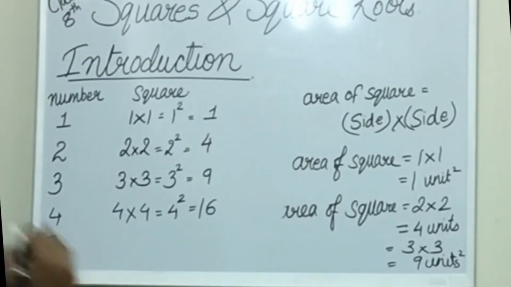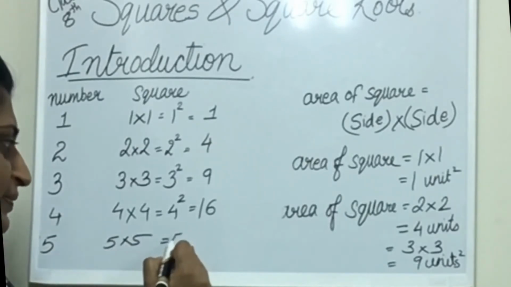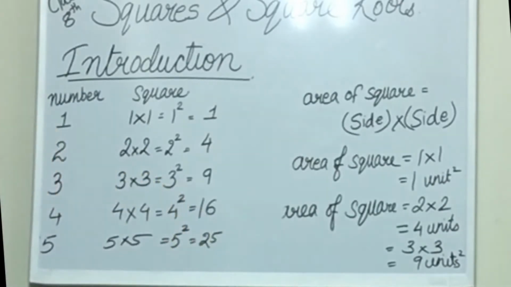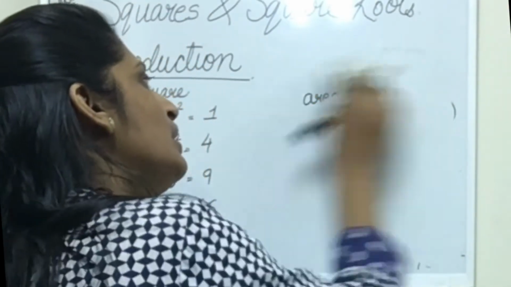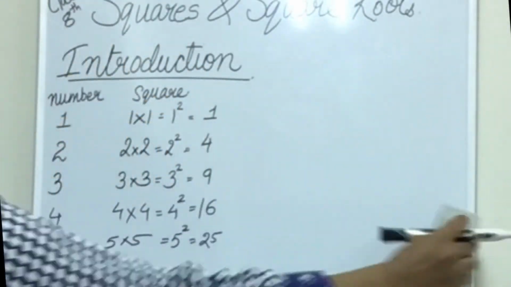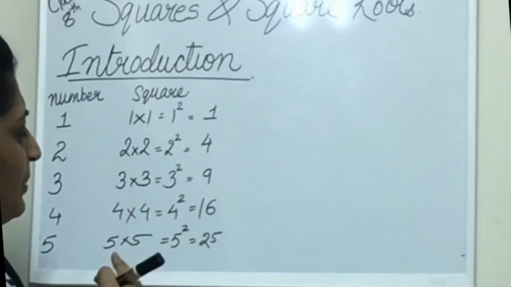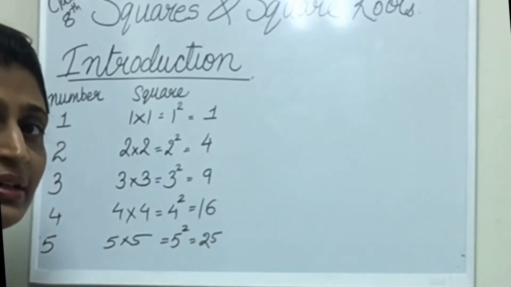If the number would have been 5, then it would be 5 times 5, it is 5 square or 25. Isn't it? Similarly, if 6, then 6 times 6, 6 square, 36. If the number is 7, 7 times 7, it is 7 square or 49.